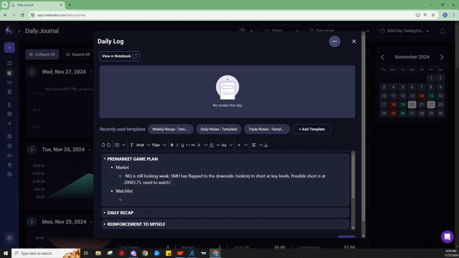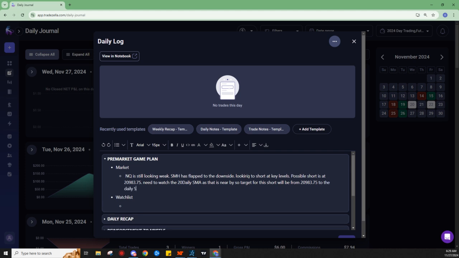Need the 20 daily SMA, as that is nearby, so the target for this short will be from 2098.3.75 to the daily SMA. Nice and easy.